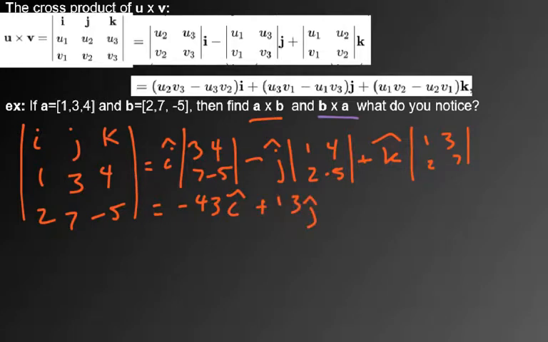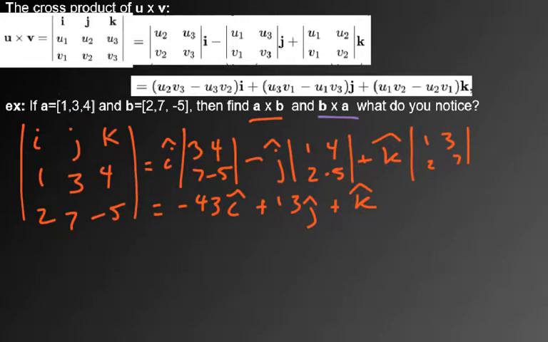Plus 13 times j hat. And then this one's just 7 minus 6, so that's just 1 times k hat. So this is my vector that will be perpendicular to both A and B, okay?